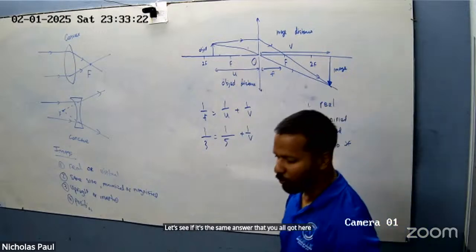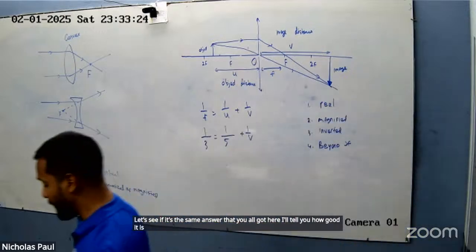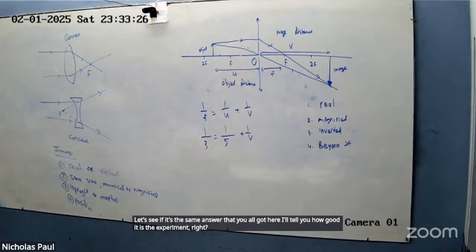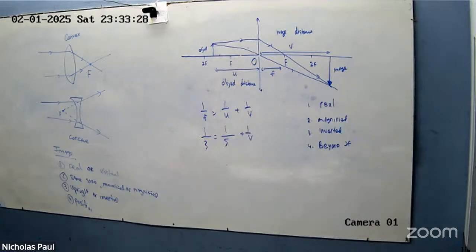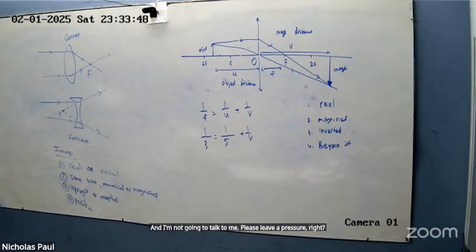That'll tell you how good you did the experiment, I mean, the diagram. Solve for V. Please leave that as a fraction, then go to the decimal.